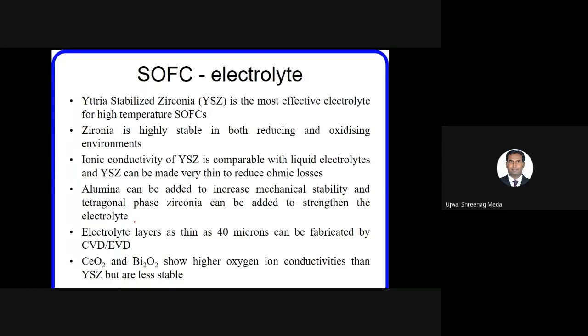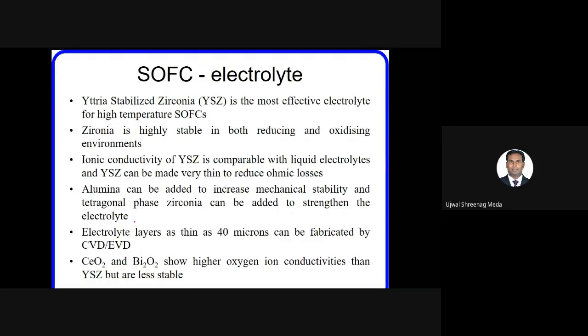Because of such a high temperature, reactions proceed faster, and that also eliminates the requirement of noble electrocatalysts. However, losses due to resistance, which are termed ohmic losses, are more in the case of SOFC, and that mainly depends on the thickness of the electrolyte.